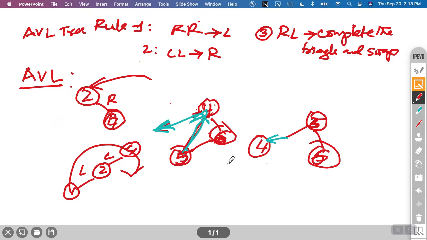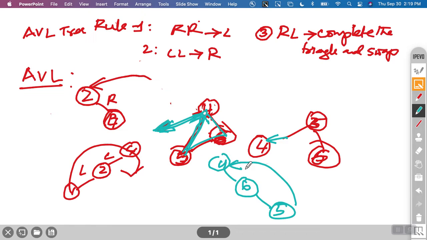Okay. So here the concept is that we make the triangle. Then in programming you need to do 2 rotations. In the book you see that there are 2 rotations. The book says that you need to make it like this, 4 and do a right rotation, and then 6, and then make 5, and then 1 rotation.